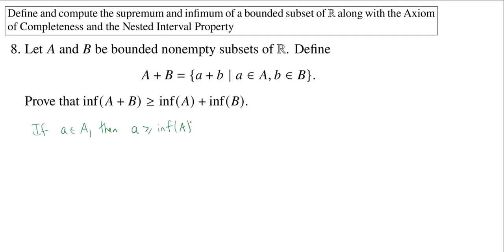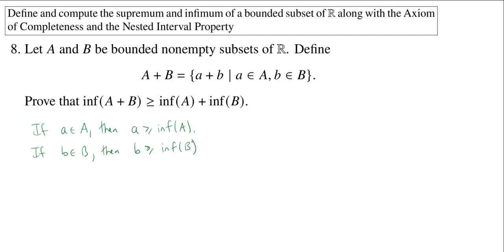The greatest isn't important here for this step. We know the infimum is a lower bound for the set A, so it is less than or equal to everything in the set A. And similarly, if b is an element of B, then that element b is at least as big as any lower bound. In particular, it's at least as big as the infimum.